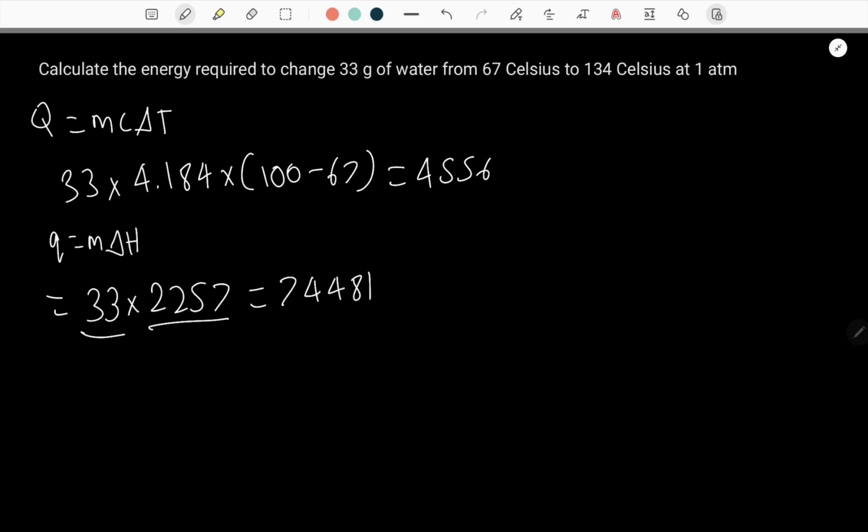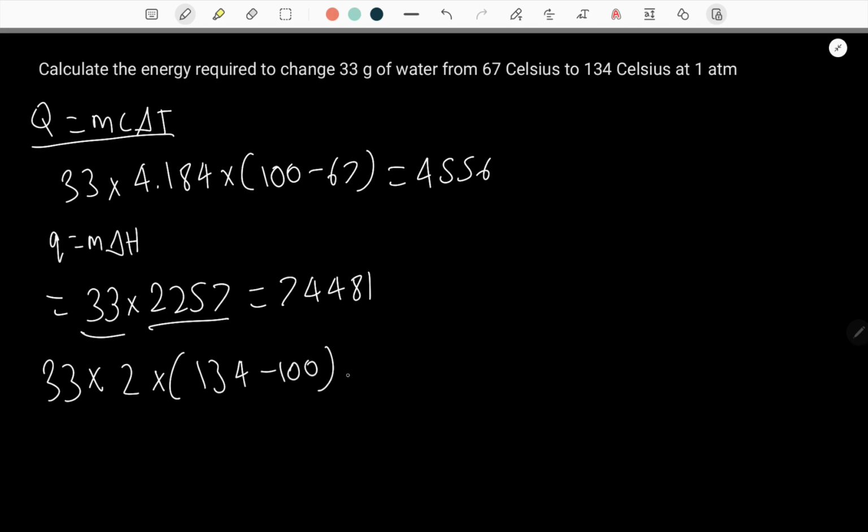Now the last thing we need to calculate is the energy from 100 Celsius to 134 Celsius. To do that, we have to use the first formula again, which is just 33 times c of gas, which we'll go and check again, which is 2 from the table, and then times delta T, which is going to be 134, which is the final temperature, minus 100.